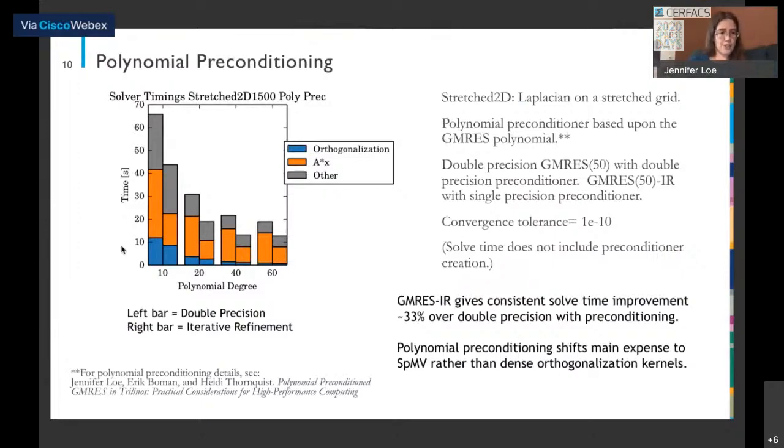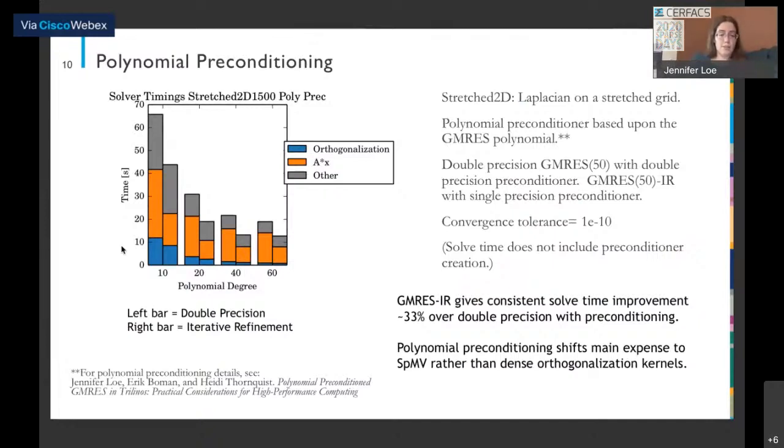So we still get a good improvement from polynomial preconditioning itself. So with the degree 10 polynomial, our double precision solver needs about 3,000 iterations to converge. And using a degree 60 polynomial, the double precision solver needs about 297 iterations to converge. So the polynomial preconditioner itself gives us a great improvement.